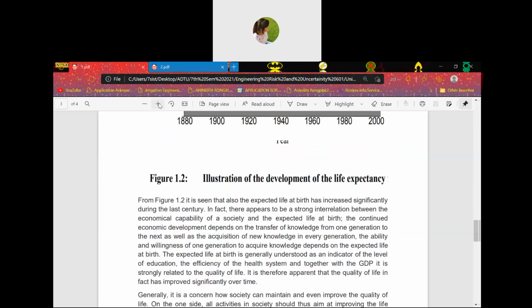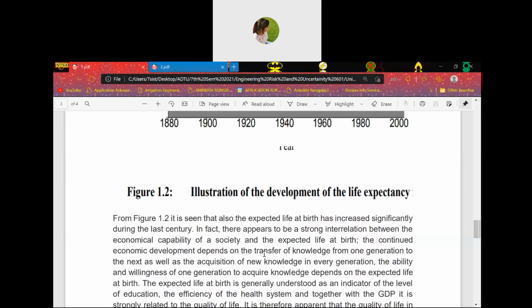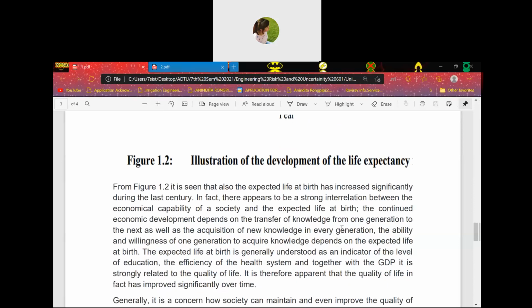From these numbers, it becomes apparent that the issue of safety and well-being of individuals in society, as well as the durability of infrastructure facilities, has a high degree of importance for the performance of society and the quality of life of the individual.